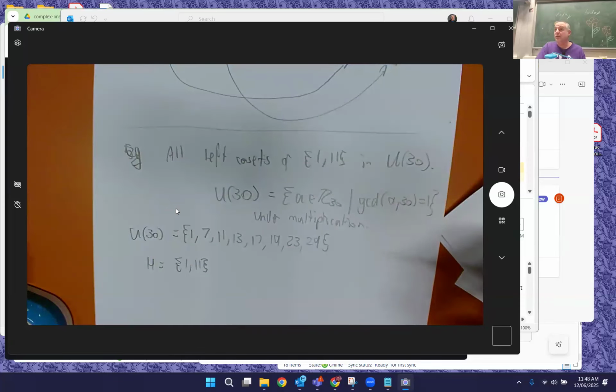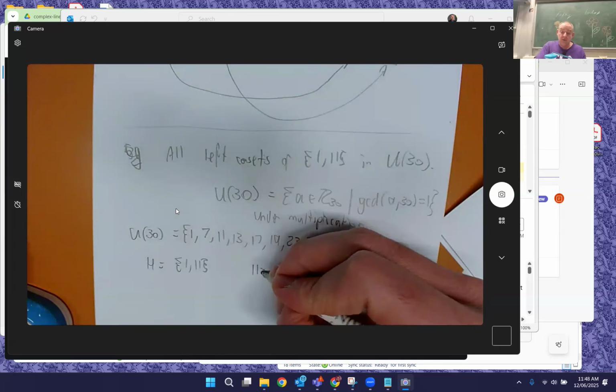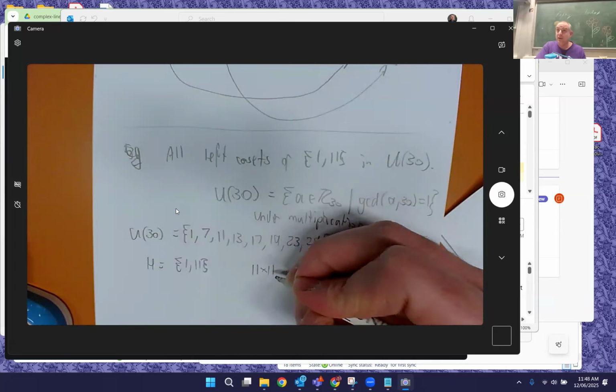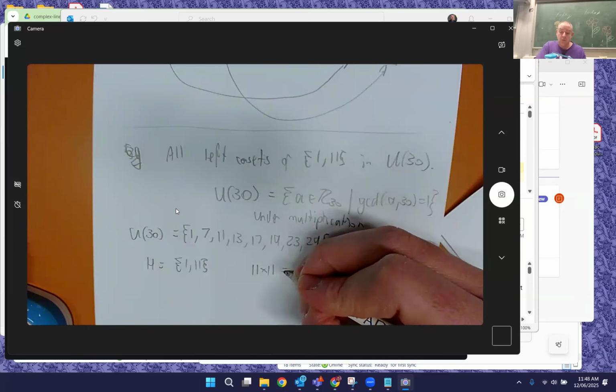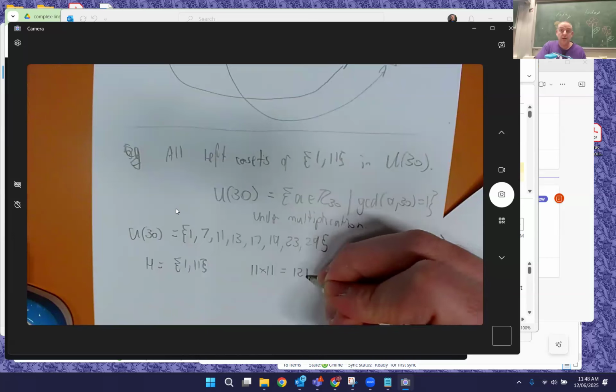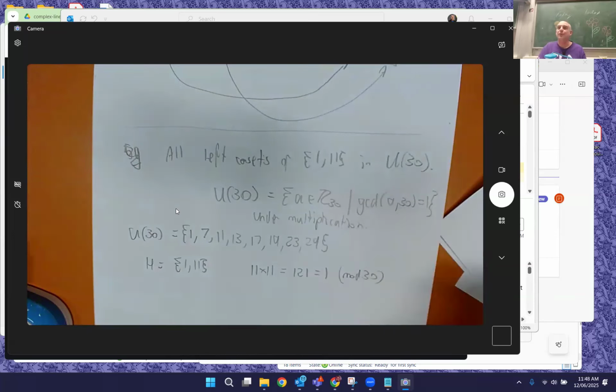I just want to be sure of this, just to be clear. So 11 times 11 in Z30 would be 121, which is 1 mod 30. Awesome. Yes. Okay. Cool.